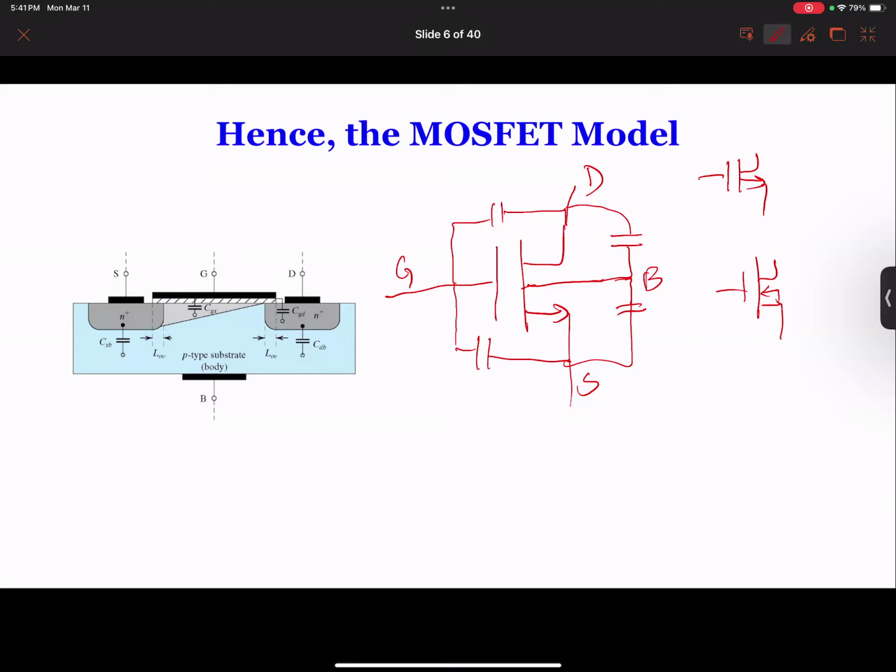This symbol is for the NMOS, meaning the body and the source are connected. So if you look at the big picture here, if source and body are connected, this capacitor is gone, so we only have 3 capacitors.